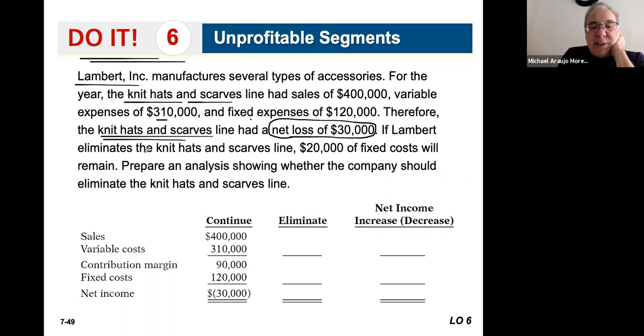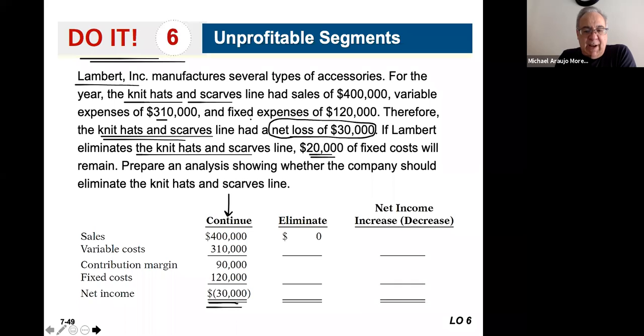Lambert is thinking of eliminating the knit hats and scarves line. If they did, $20,000 of fixed costs would still remain. So what should they do? Well, if they continue the hat and scarf line, as you know, they would lose 30 grand.